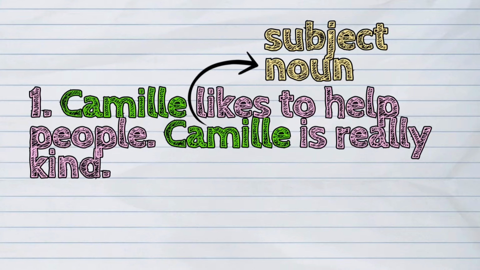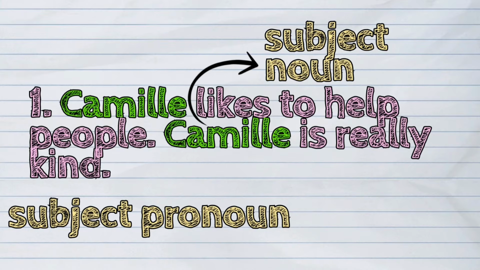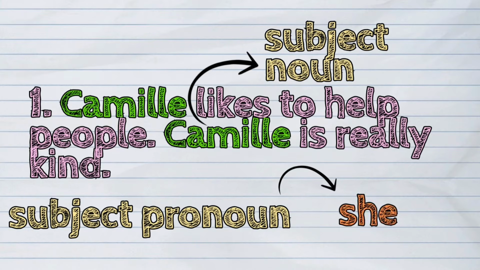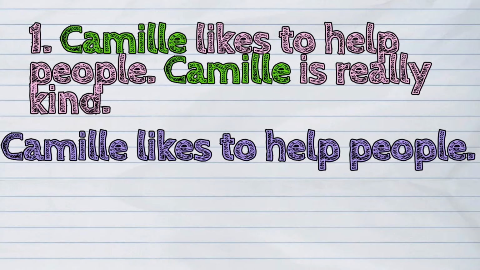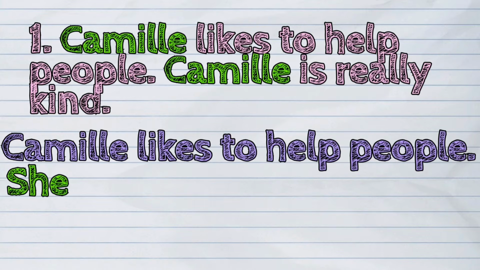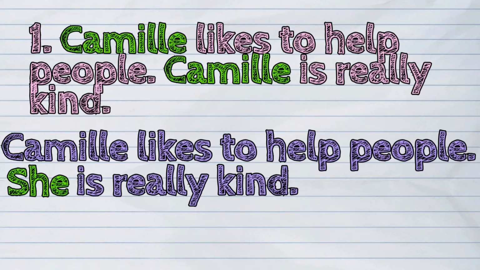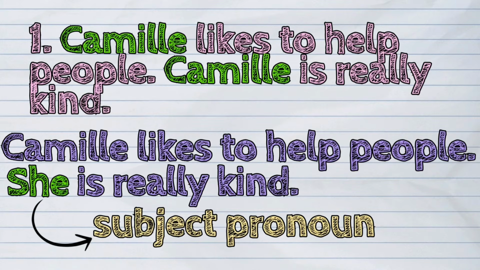To avoid the repetition of name in the second sentence, we should replace the subject noun with an appropriate subject pronoun, which is she. The sentence will now become, Camille likes to help people. She is really kind.